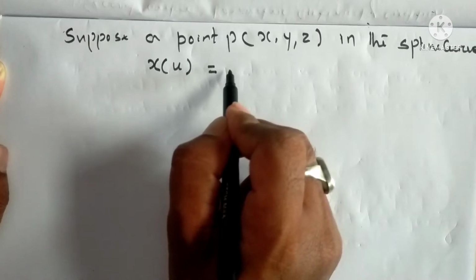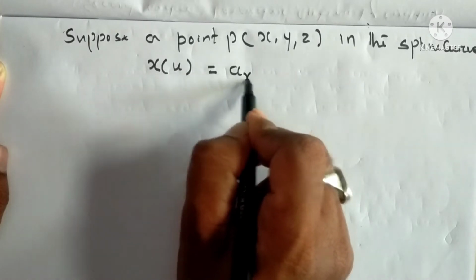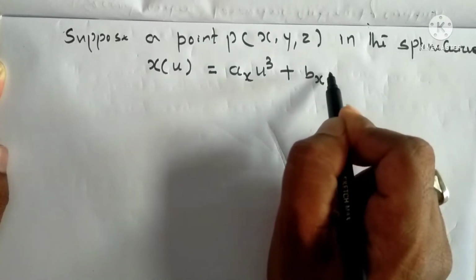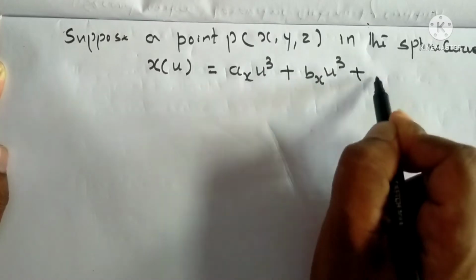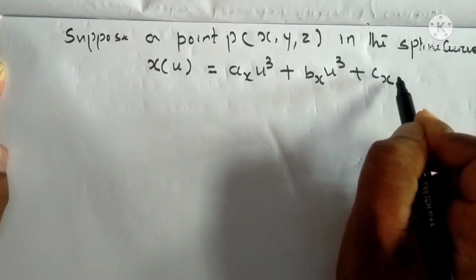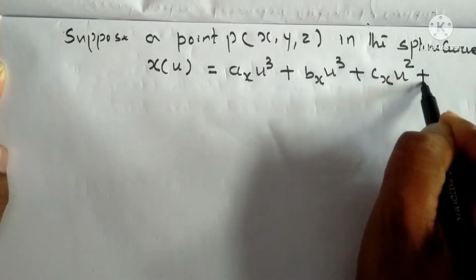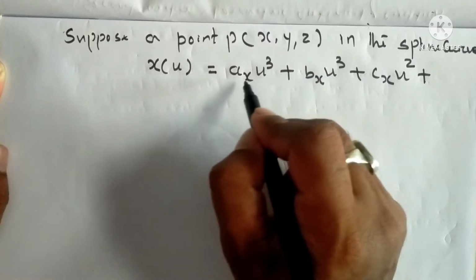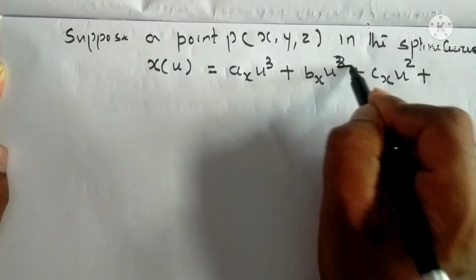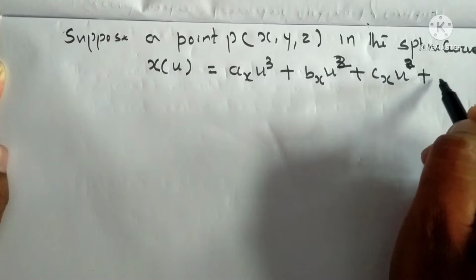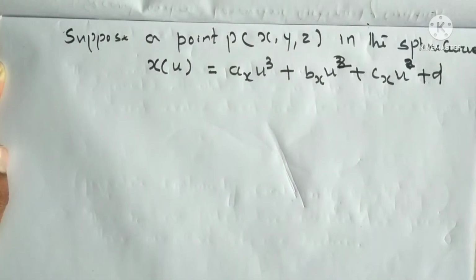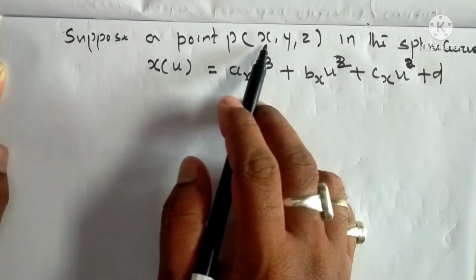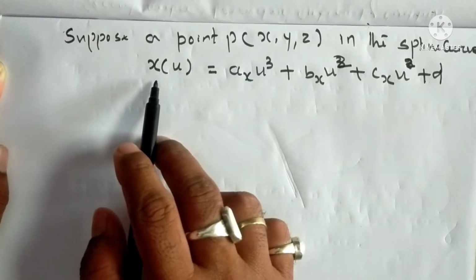So here we will write x of u equals a x u to the power 3, b x u to the power 2, c x u plus d. This is the way we have represented a point P which has x coordinate as x of u.